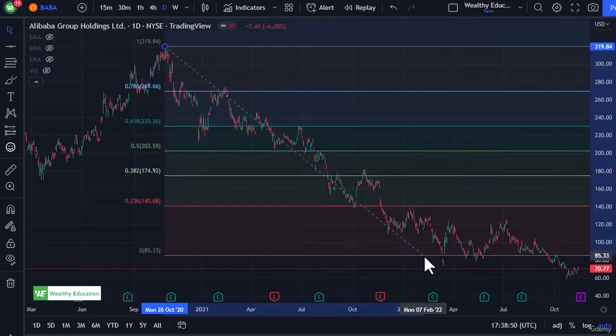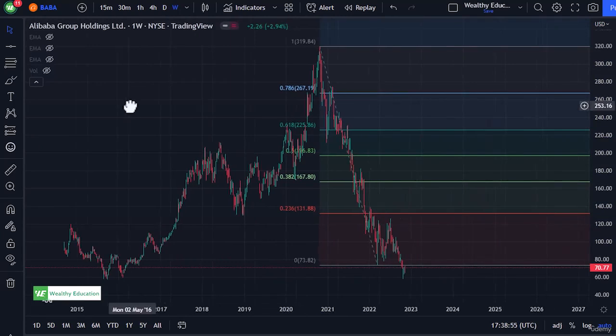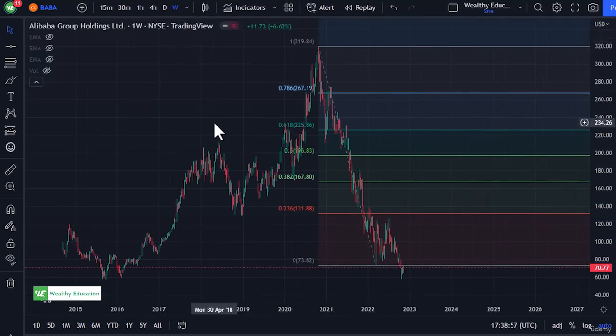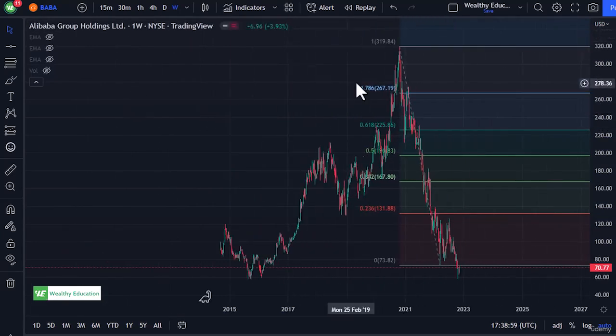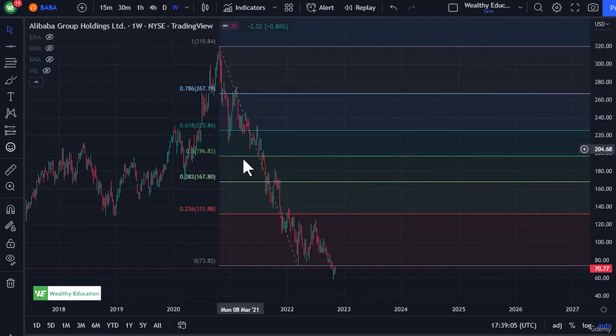So if I pull this all the way down here, maybe on the weekly, you can see that in a downtrend from top to bottom, you can see all of these ratios. Same thing in an uptrend.